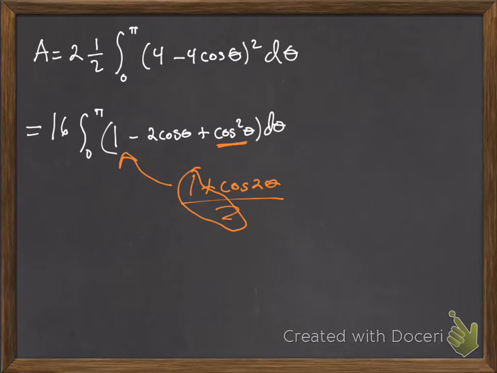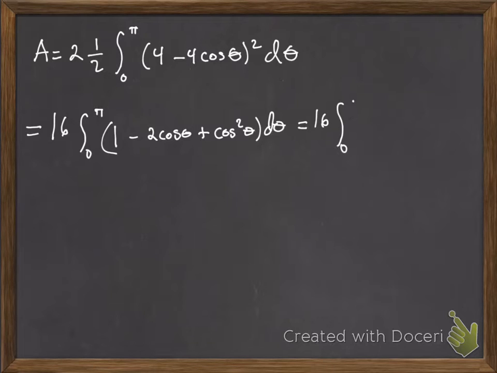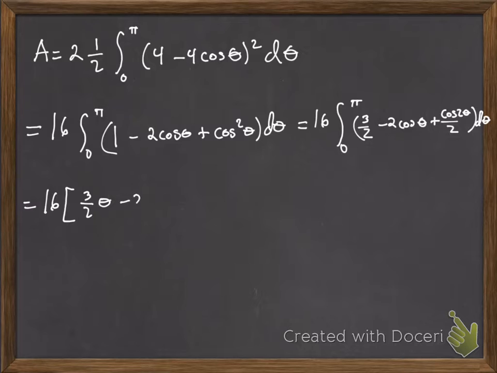That is the work we'll do in our head here. So you have 16, 0 to pi, 3 halves minus 2 cosine of theta plus cosine of 2 theta over 2, using your power reducing formula. We'll go ahead and integrate. You've got 16 out front, 3 halves theta minus 2 sine theta plus, not cosine, sine 2 theta all over 4, and then we evaluate that from 0 to pi.